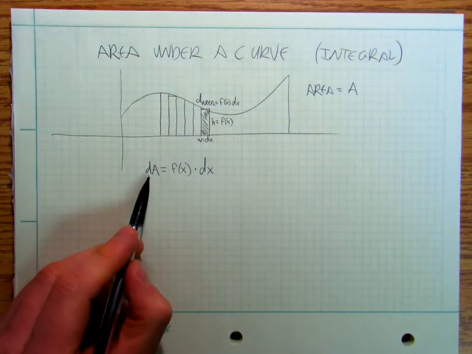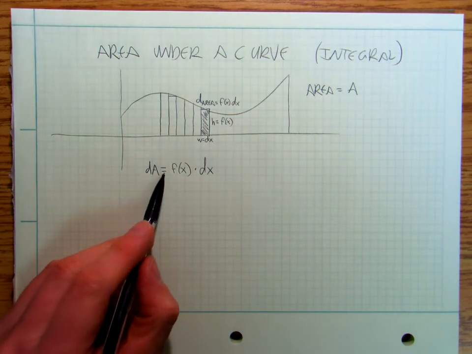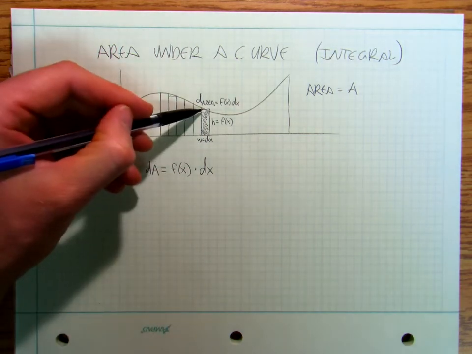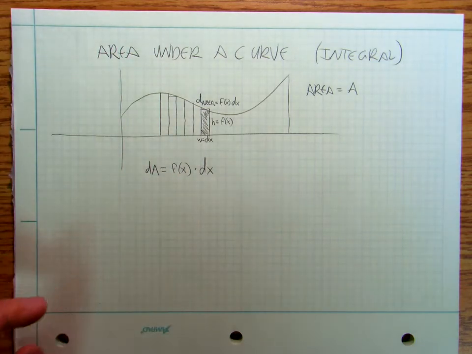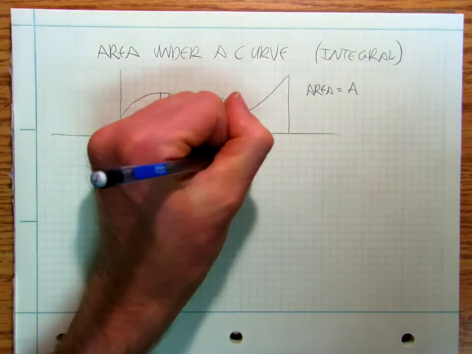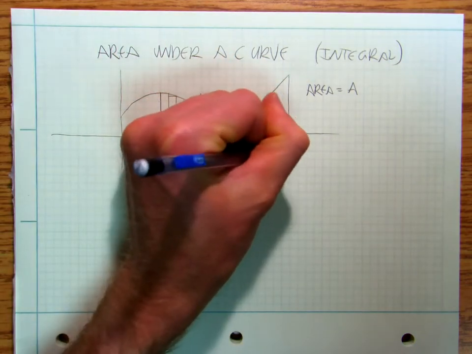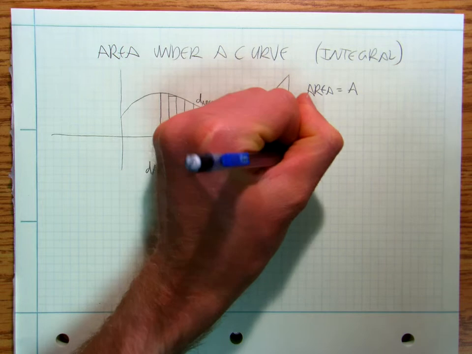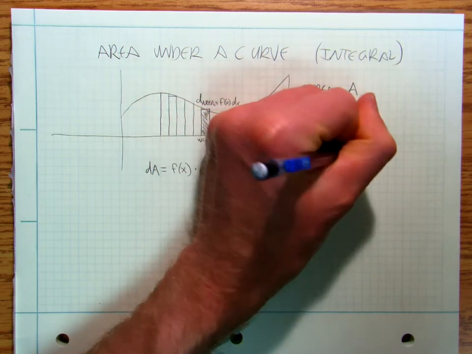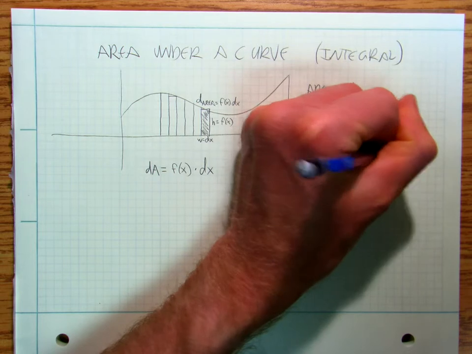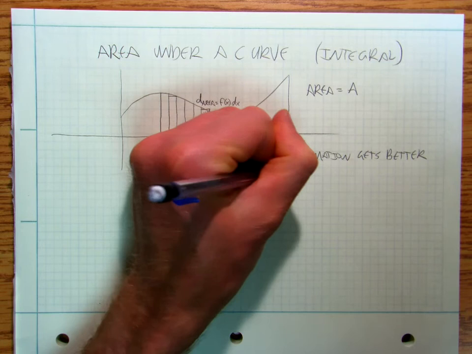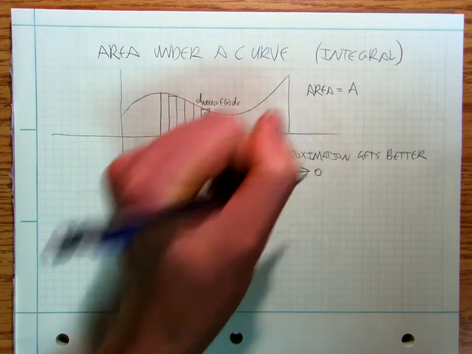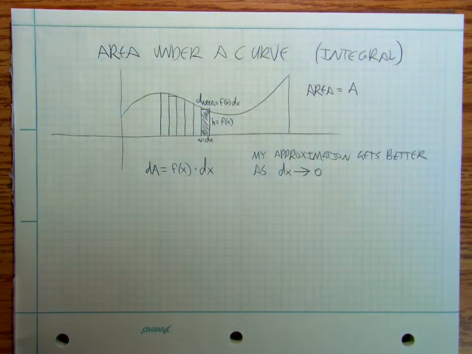An infinitesimal tiny amount of area is equal to the height of the box times the width of the box. Now, my approximation gets better as dx gets closer to 0.